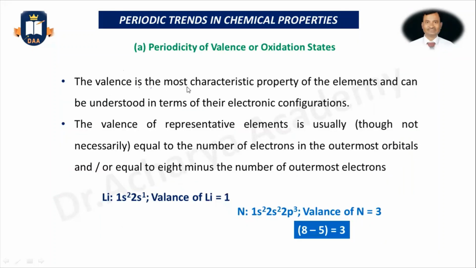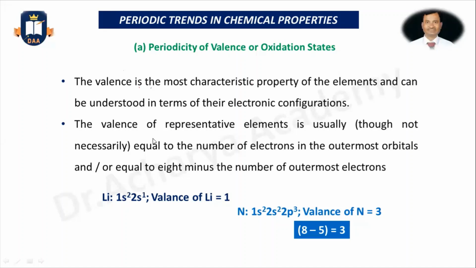The valence is the most characteristic property of the elements and can be understood in terms of their electronic configuration. Electronic configurations of different elements I already discussed in the previous class. You can go through those classes to understand clearly about the electronic configurations.